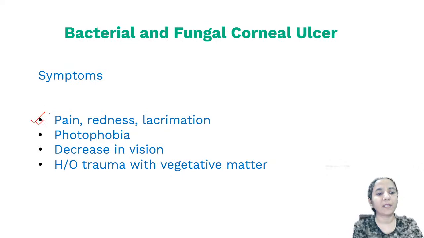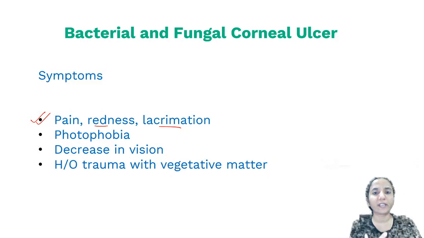So the main complaint is pain, redness of the eyes and lacrimation. What is lacrimation? Lacrimation means excessive watering. Then photophobia. Photophobia means intolerance to light. He is not able to open his eyes nicely if light is thrown on him. That means he is not going to be very cooperative when we try to examine him on the slit lamp.